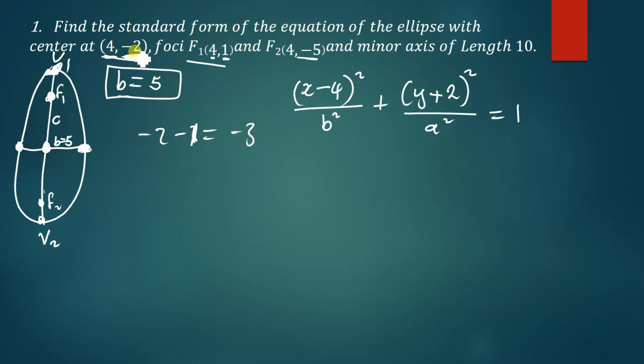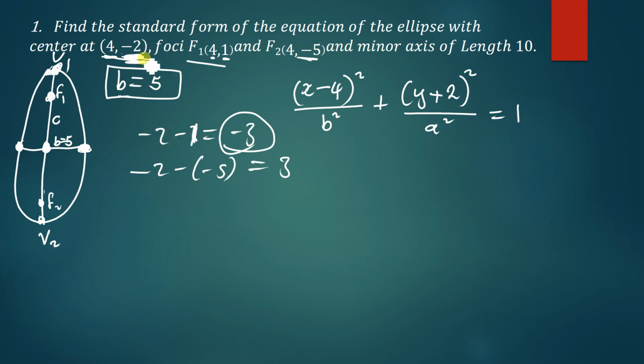Then if you say -2 minus -5, the answer will be +3, which is just okay, because this shows the displacement of the focus from the center.